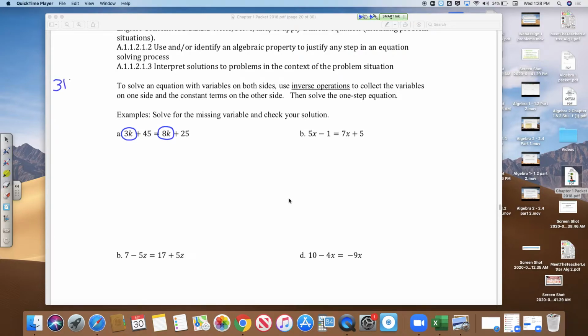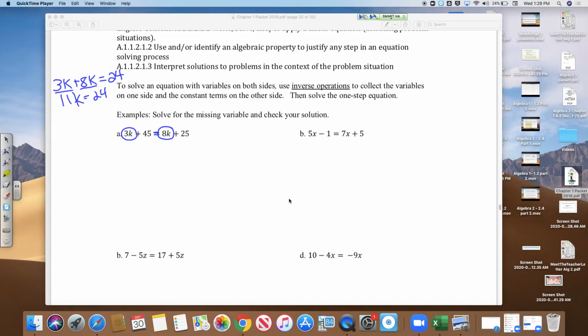If this said 3k plus 8k equals 24 or something like that, we could add the 3k and the 8k together to be 11k equals 24, but we cannot do that if they're on opposite sides of the equal sign. Notice the equal sign is splitting this in half, and we have 8k's on the right and 3k's on the left. So here's what we do.